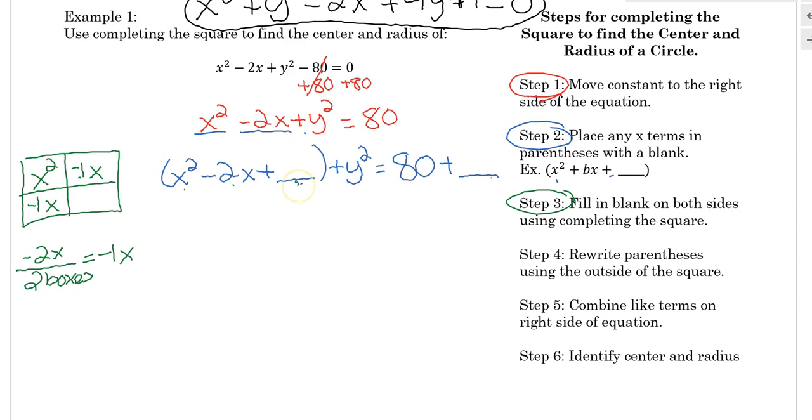That's what's going to go in this blank. But I know x squared is x times x. X times negative 1 is negative 1x. X times negative 1 is negative 1x. And negative 1 times negative 1 is positive 1. So 1 goes here. Anything I do to one side, I have to do to the other.